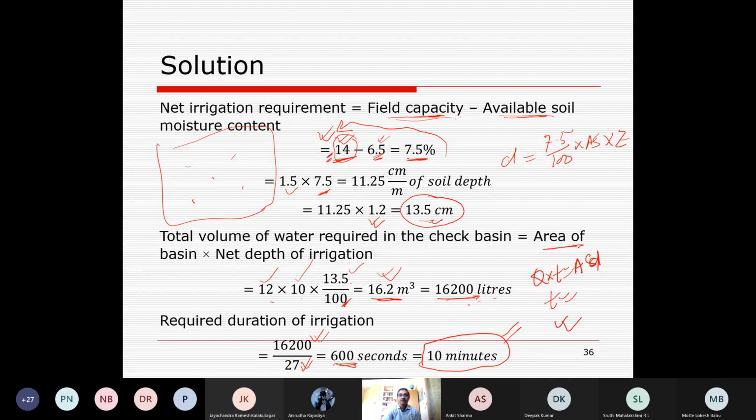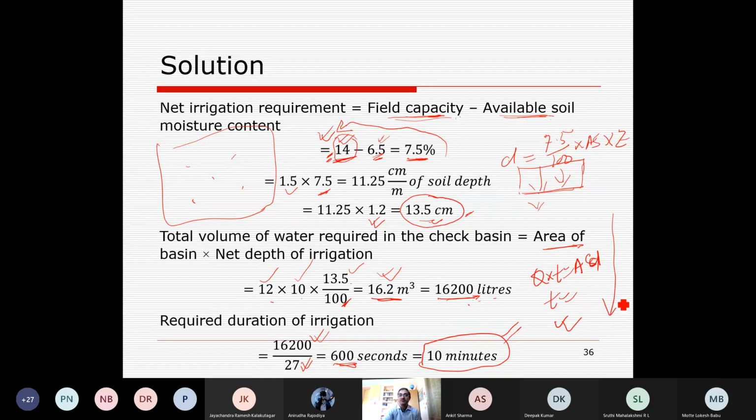So we need to take into account, because this much amount of water will not cover. There may be deep percolation as well. So within the root zone depth, we need to take a few samples to find out whether everywhere it's the same amount of water.